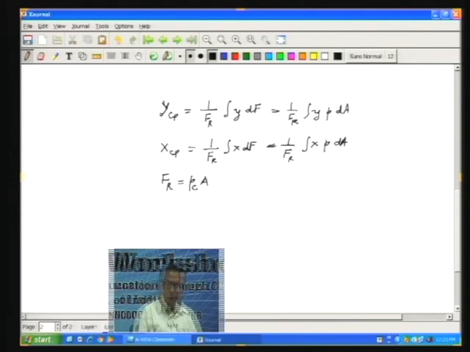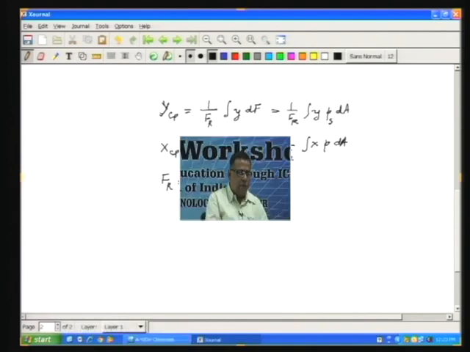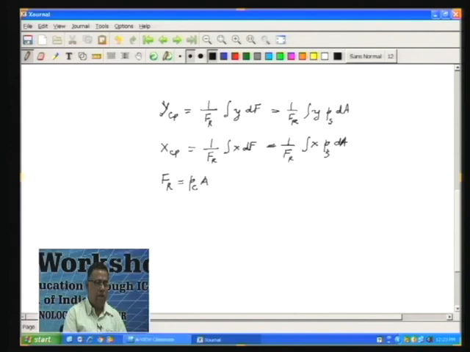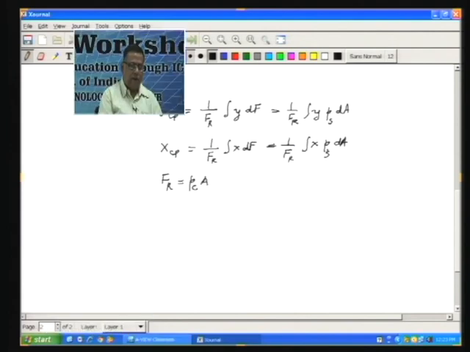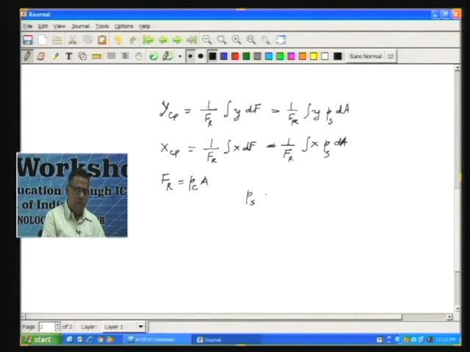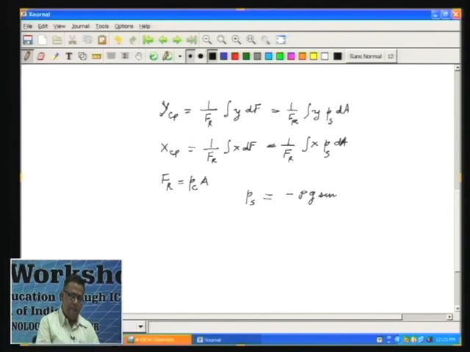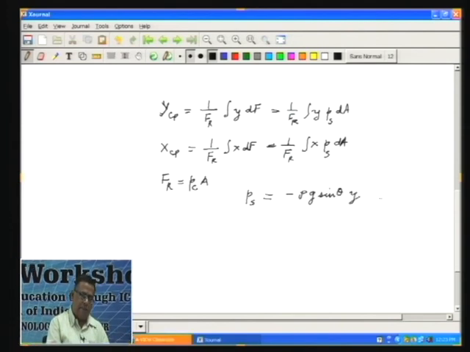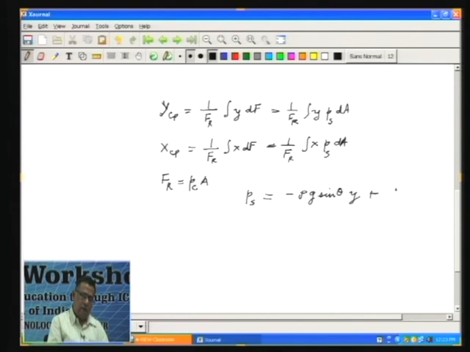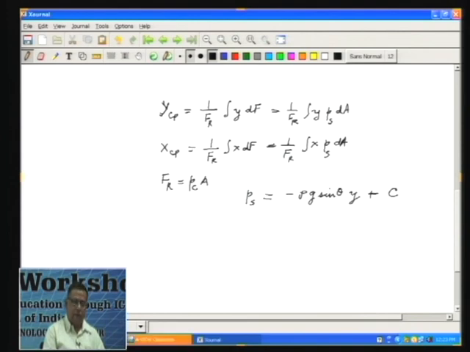All right. Now, of course, this pressure is the surface pressure at the surface. So, it is better to put the subscript s here to emphasize that this is a pressure at z equal to 0. So, P_s we have seen is minus rho g sin theta into y plus a constant of integration, which we did not find because it was not necessary.